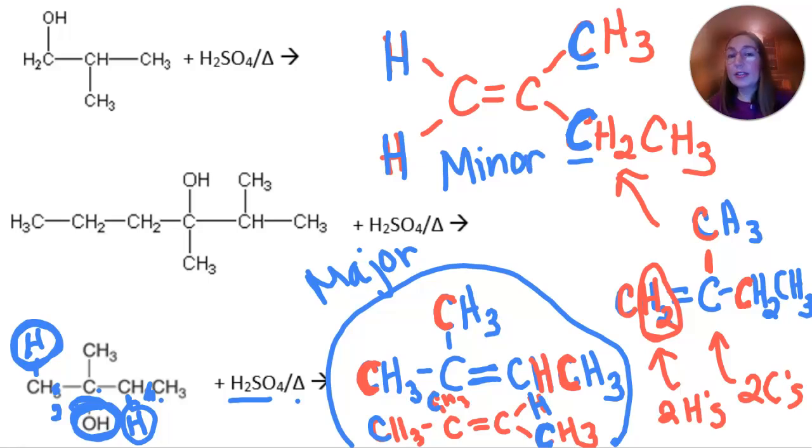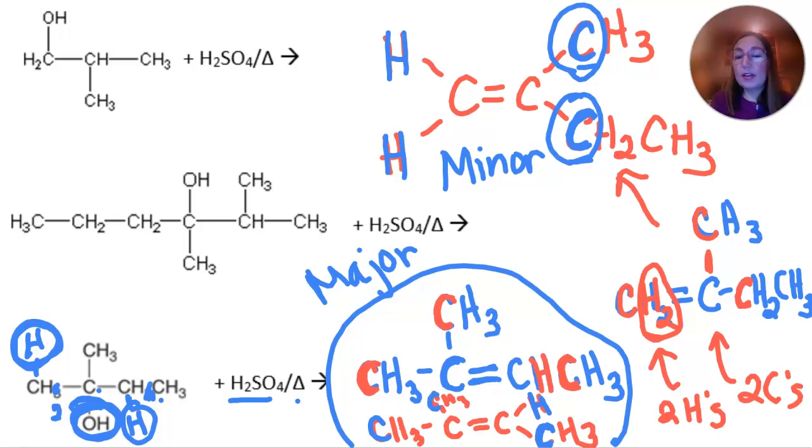Our minor product had our CH2 double bonded to C with a CH3 and a CH2 CH3 because it only has two carbons around the double bond. Our major product has CH3C double bonded to CH, CH3 because that first C of the double bond also has a CH3 going up.